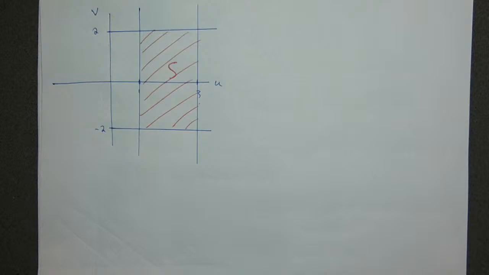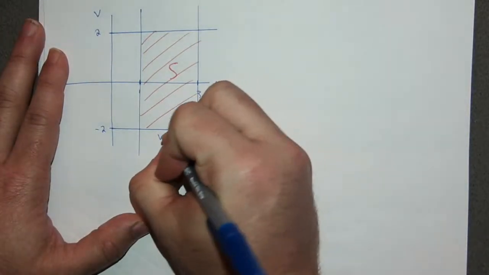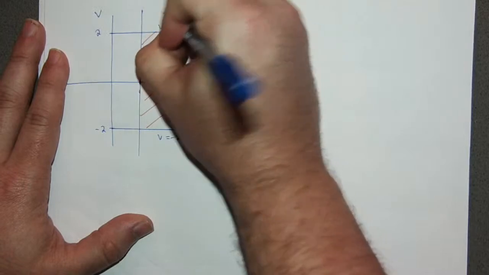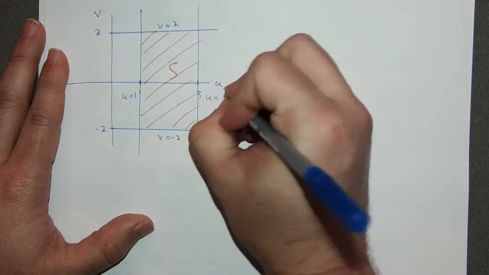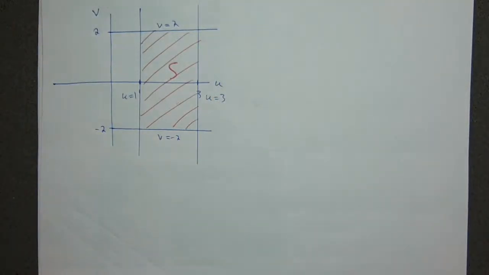All right, and you can just see, right, the bottom is V is equal to minus 2, the top is V is equal to 2, the left is U is equal to 1, and the right is U is equal to 3.